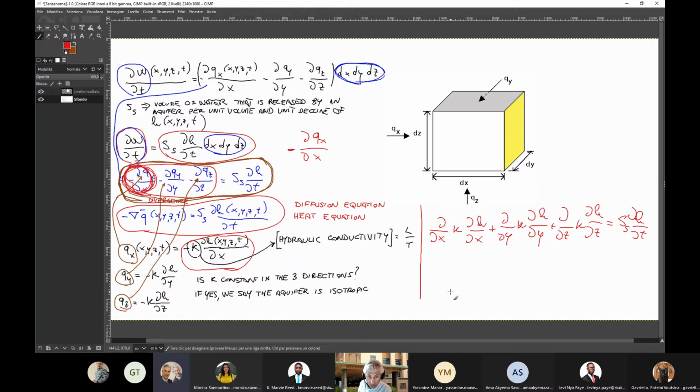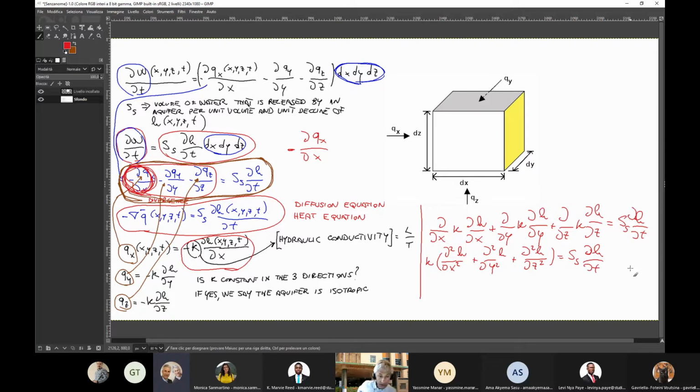And now I can take k as a common factor, so k which multiplies the second derivative with respect to x square of h, plus the second derivative with respect to y of h, plus the second derivative of h with respect to z square. And this is equivalent to Ss, derivative of h with respect to time.